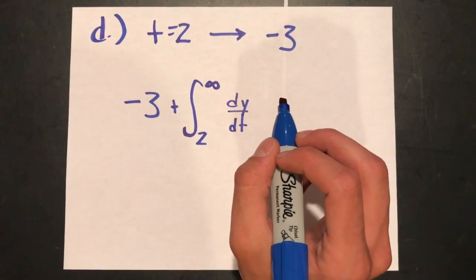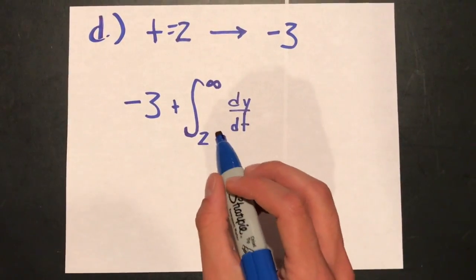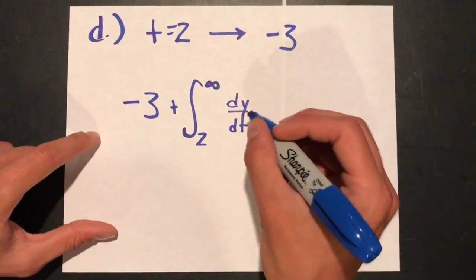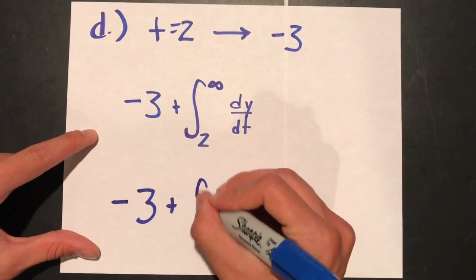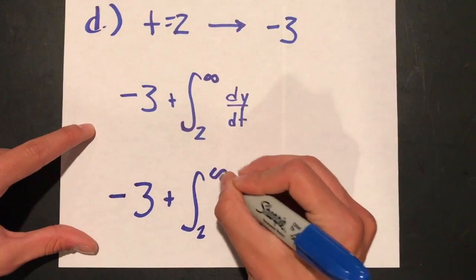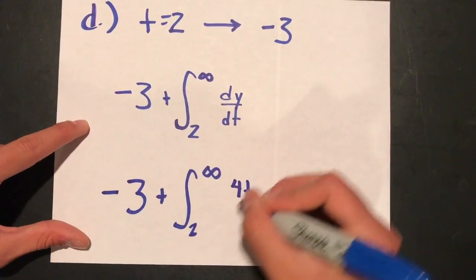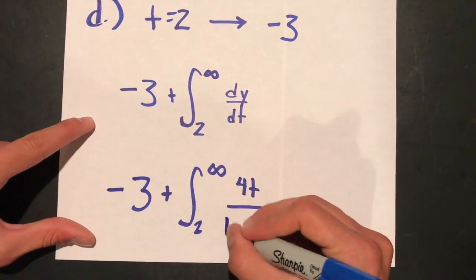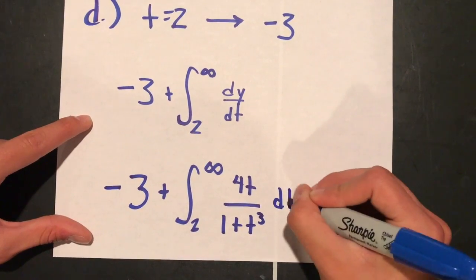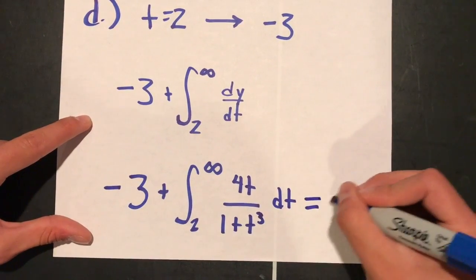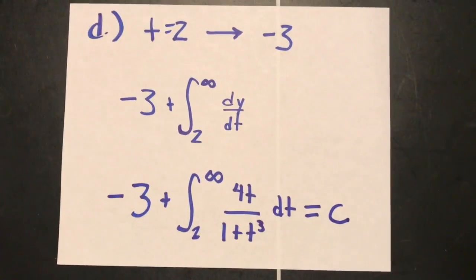Since we don't have to actually evaluate it, and since this function is defined, we'll plug it in and get negative 3 plus the integral from 2 to infinity of dy/dt, which is 4t over 1 plus t cubed dt. And that is equal to our c value, which is the value of our horizontal asymptote.